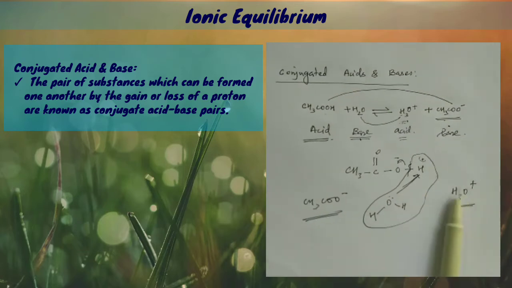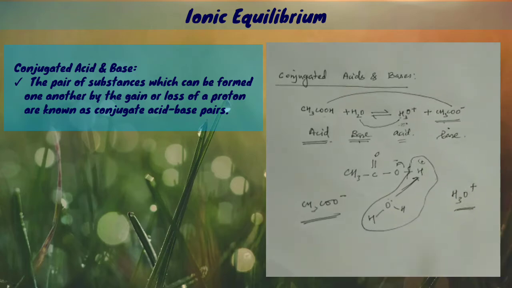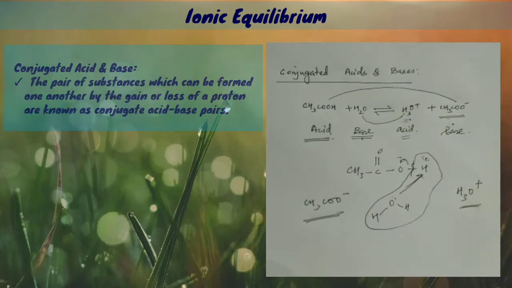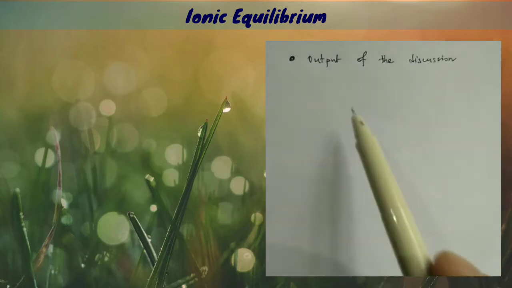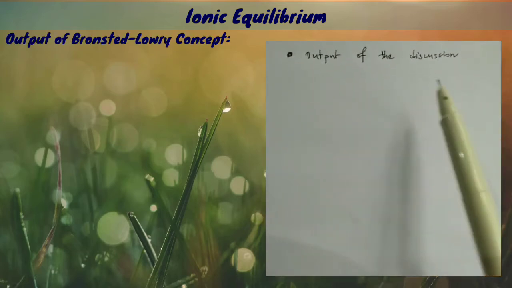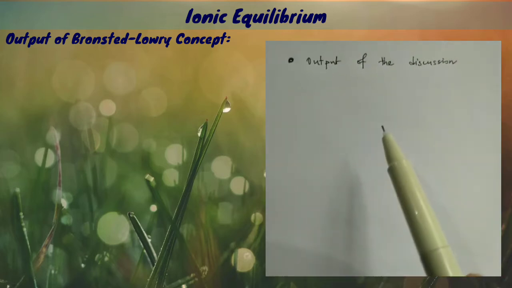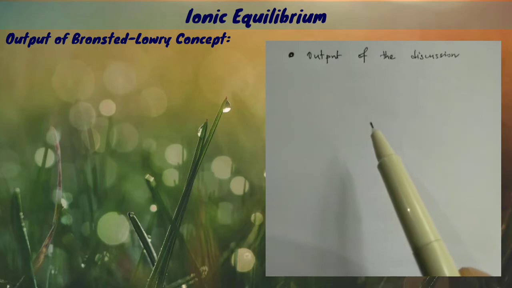Now we are going to mainly discuss the outcomes of these discussions. We have some outcomes from this Bronsted and Lowry concept of acids and bases. Mainly there are three outcomes for this concept.